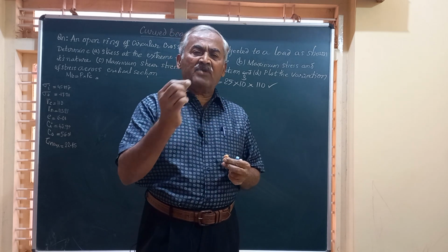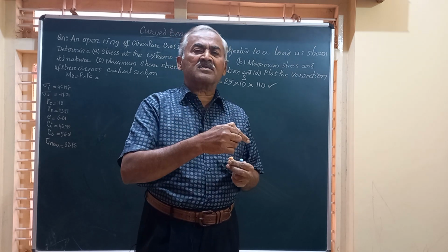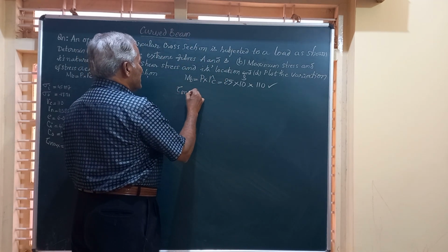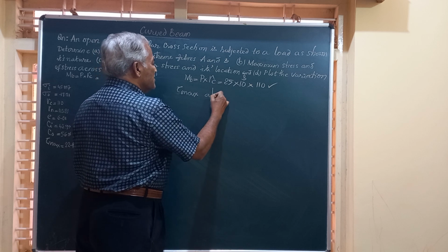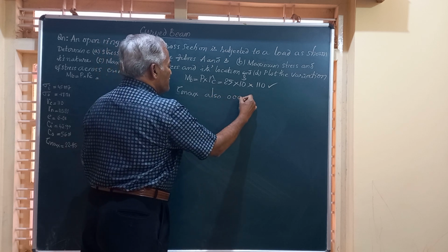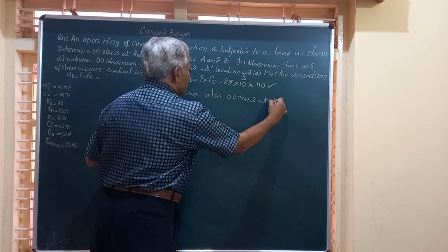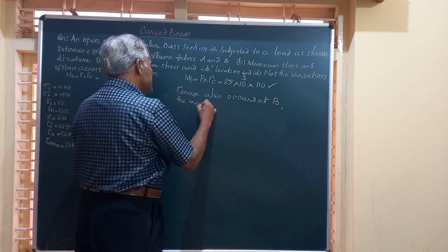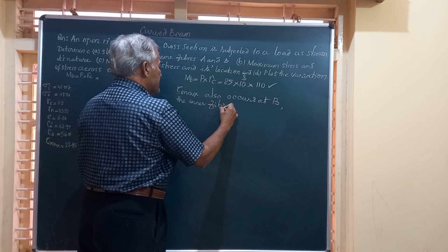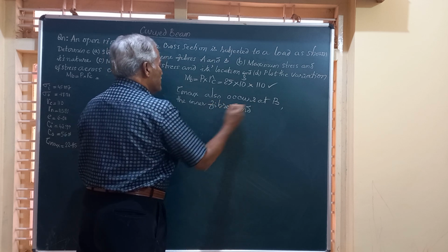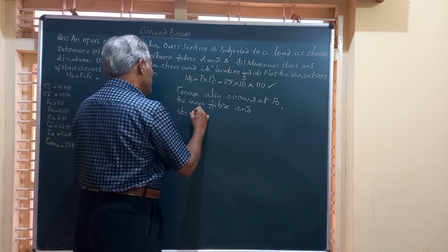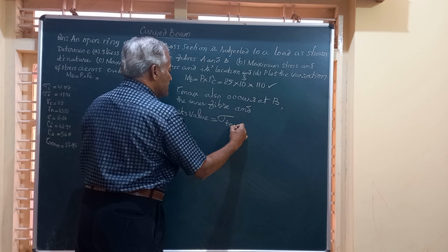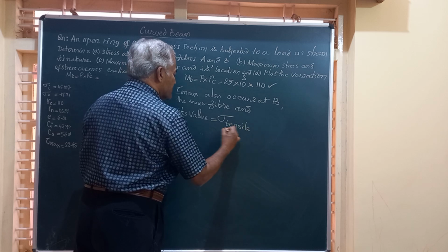In this case, the maximum tensile stress occurs at the inner fiber B, and the maximum shear stress also occurs at B, the inner fiber, and its value will be equal to sigma tensile by 2.